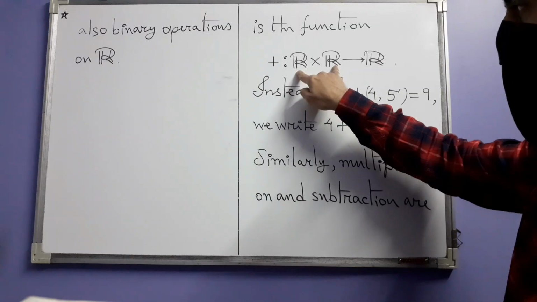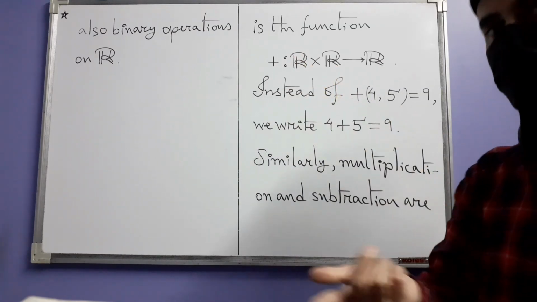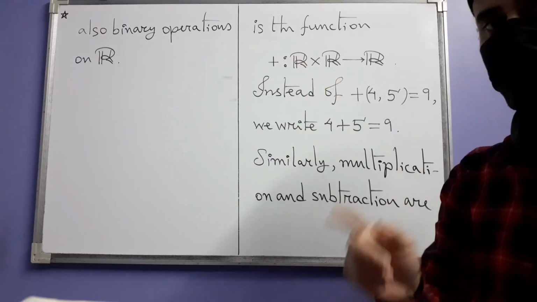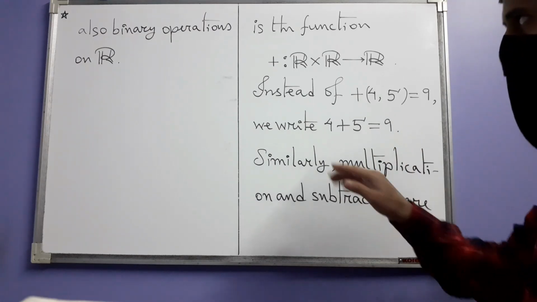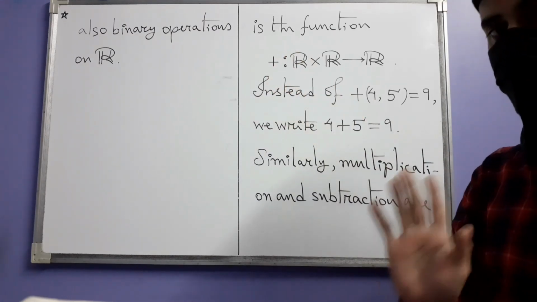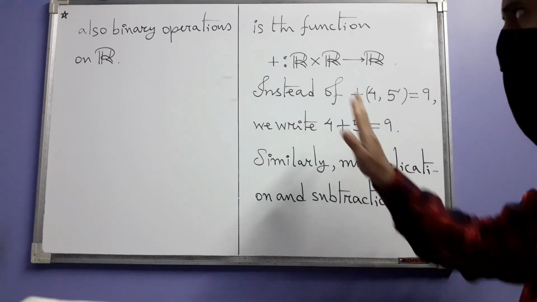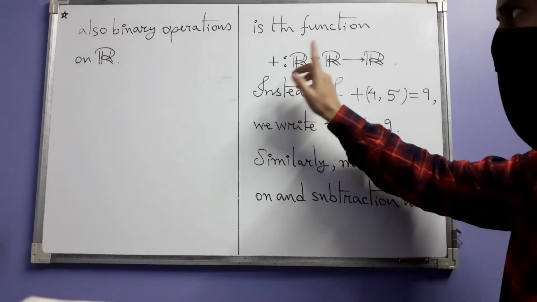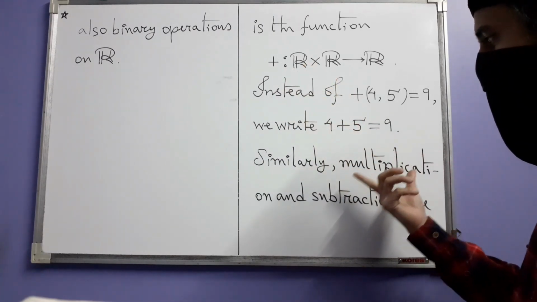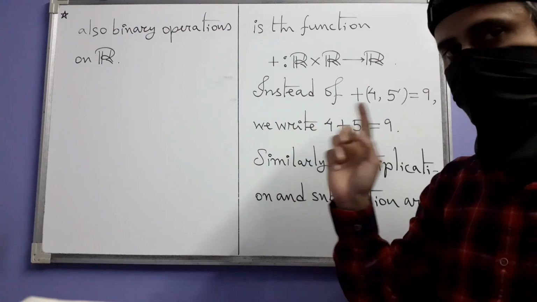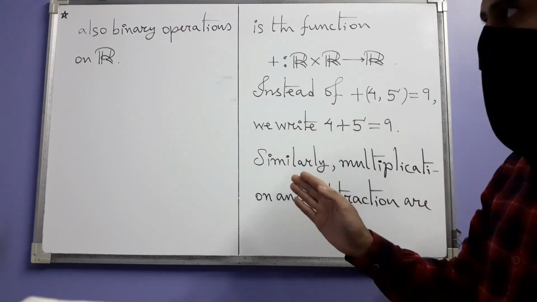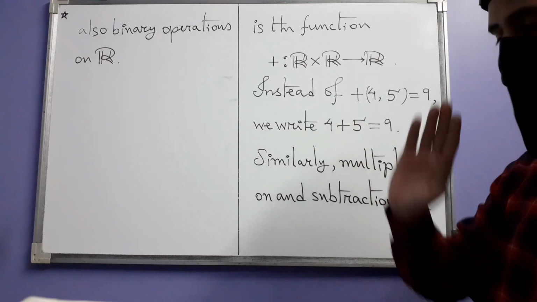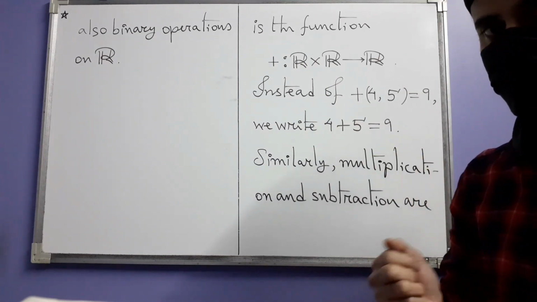For any two real numbers, we have a sum, which is also a real number, and we have only one sum. That is why this is a legitimate function, and that's why it's a binary operation on R. Similarly, multiplication and subtraction also are two legitimate functions on R. On R means on R times R, but they are binary operations on R.